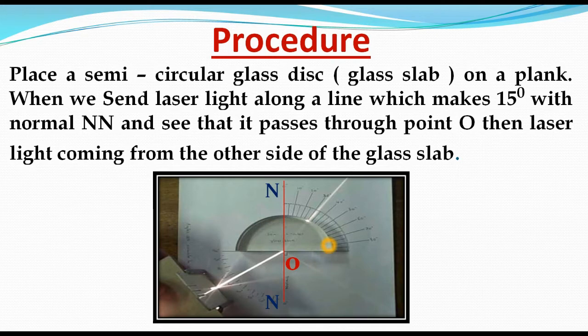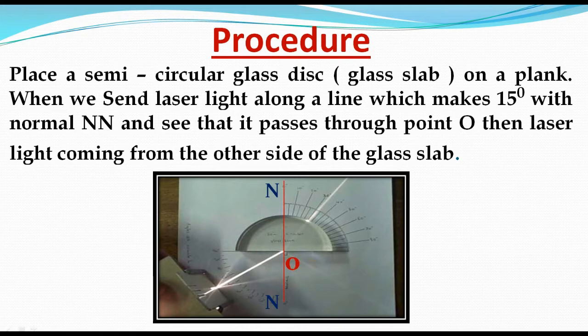Remove the slab, and draw the perpendicular line, the vertical line, to the surface of the slab. That is NN. This vertical line NN is called the normal. Here O is called the point of incidence.